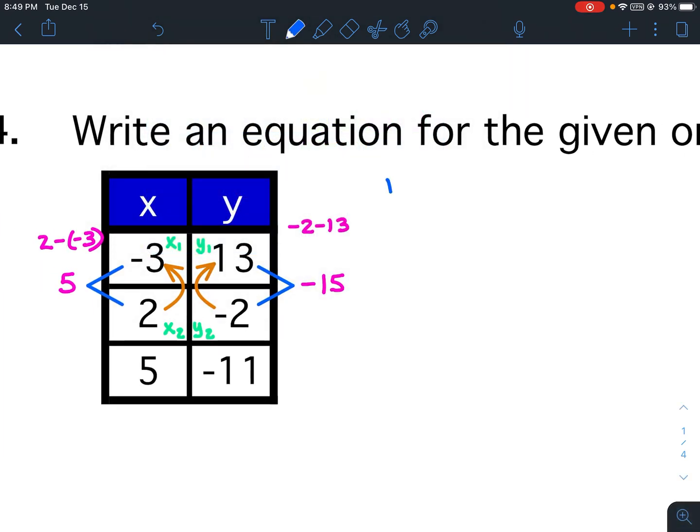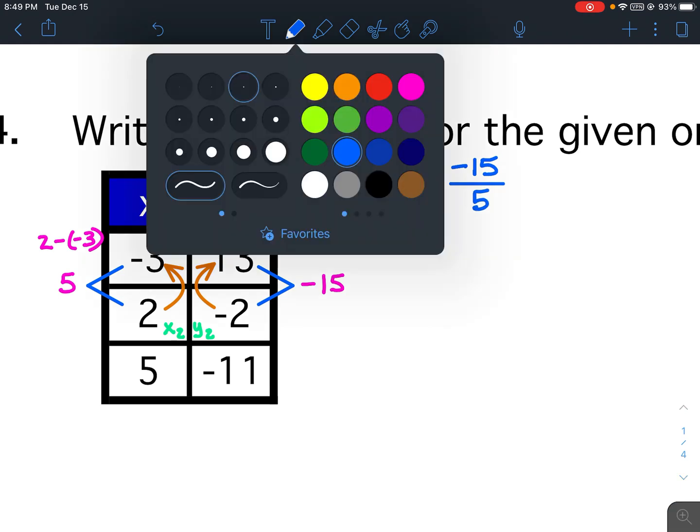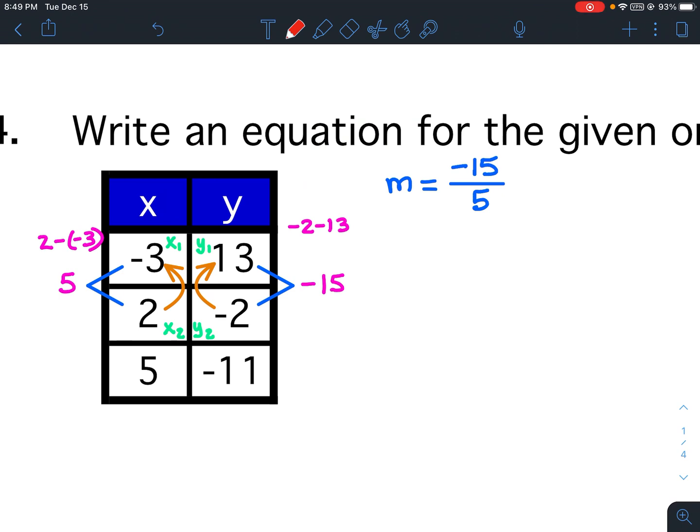So to find my slope, I take the difference in y values over the difference in x values. If you divide that out, -15 divided by 5 is -3.